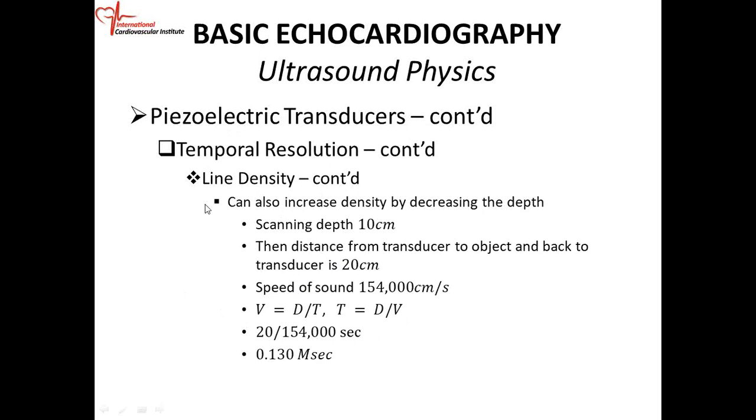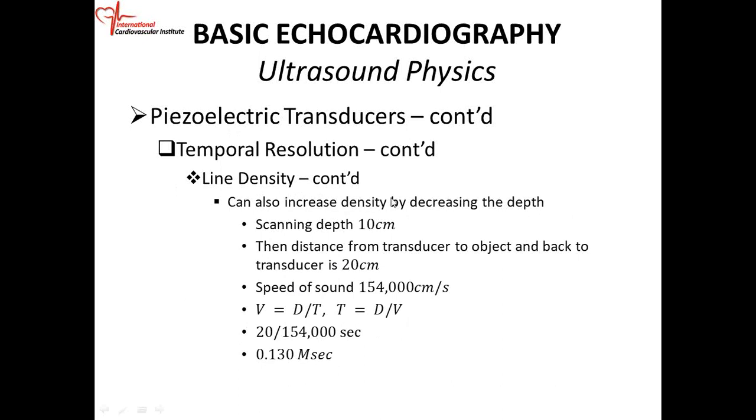Okay, so you can also increase the line density by decreasing the depth. So not only by decreasing the sweep speed, you can increase line density by decreasing your scan angle. You can increase line density by decreasing your sweep speed. You can also increase line density by decreasing the depth of scanning.